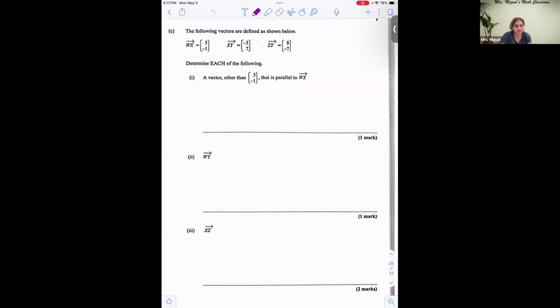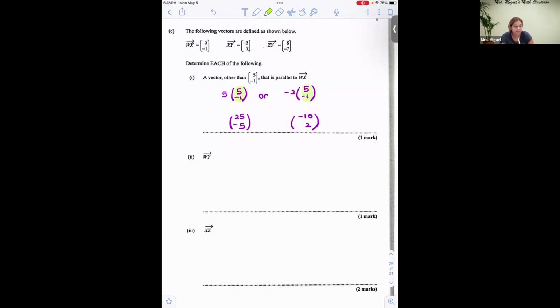That is what we saw in the video. The commonality must be whatever is contained in the bracket. So you could put any number on the outside, you can multiply it, and you'll be able to get the answer. So we could put 5 times 5, -1, and the vector we could write is 25, -5. Or we could put -2 times 5, -1, and this answer will be -10, 2. So just remember, for parallel vectors, whatever is contained in the bracket must be the same.